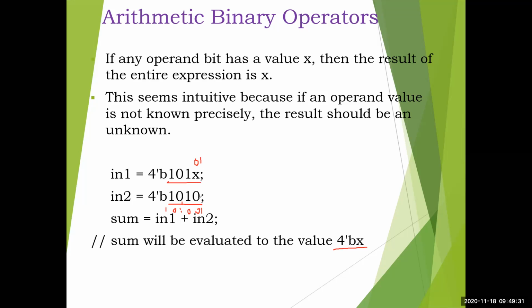If it is 1 here also, 1 plus 1 will give a carry, and this carry will get truncated, so the whole result may come out wrong. That's why, in general, if any x is present in the operands, the result will also evaluate to all x.